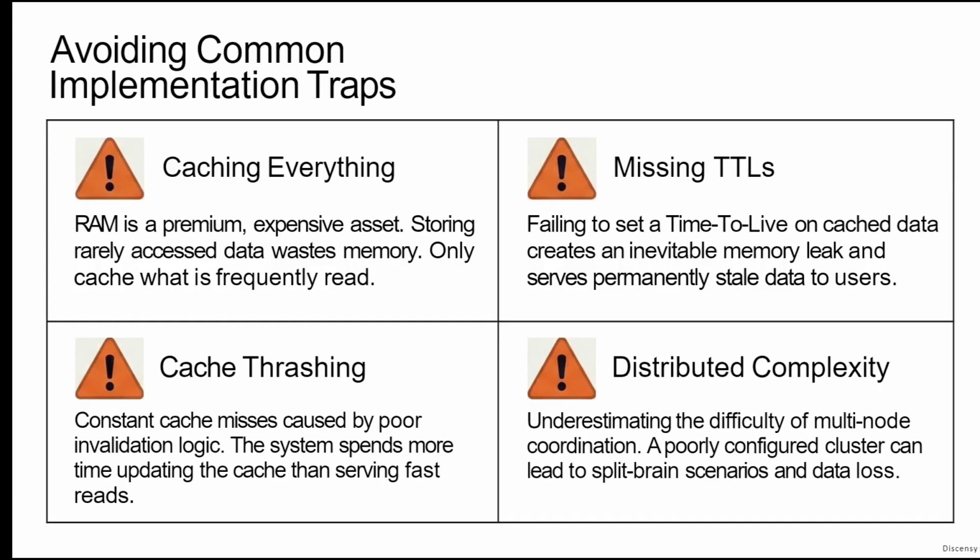The system spends more time updating the cache than serving fast reads. Coming to distributed complexity, underestimating the difficulty of multi-node coordination, a poorly configured cluster can lead to split brain scenarios and data loss. Let's move ahead, getting to know much more about this.